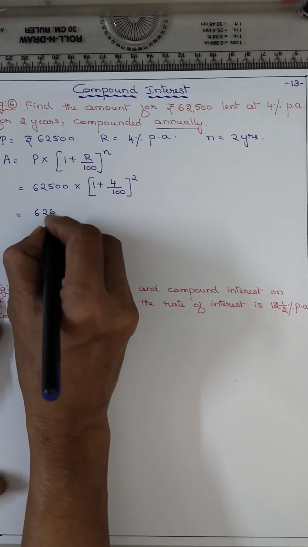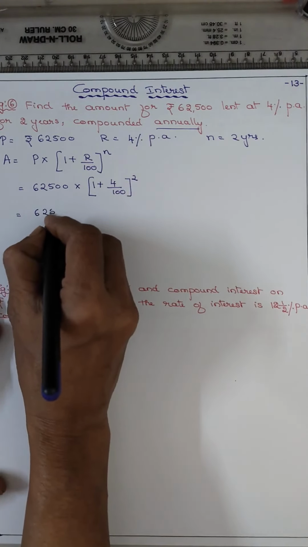So, it became rupees 67,600. So, the amount is rupees 67,600.